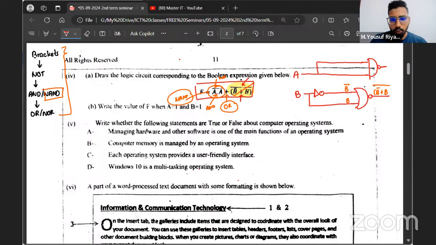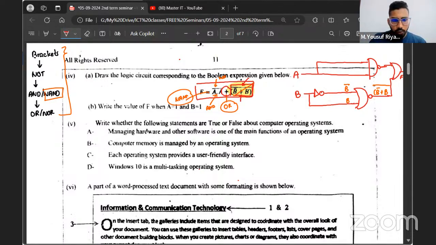Now I have A dot A whole thing dash. Both of these values, this A dot A whole thing dash and this B' + B whole thing dash, are going to pass through the OR gate. You can see the thing connecting both of them is the OR gate. So I connect them using the OR gate and put F there. I don't have space properly, but that's how the diagram is going to look.